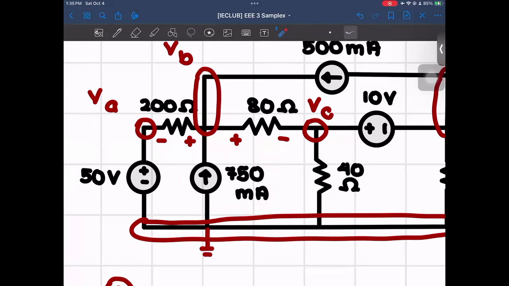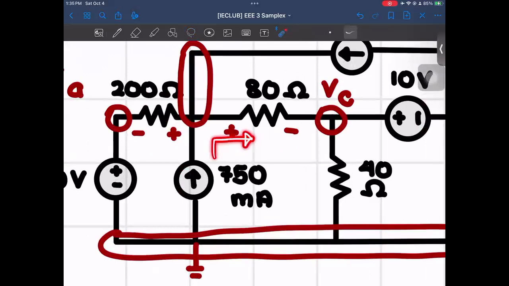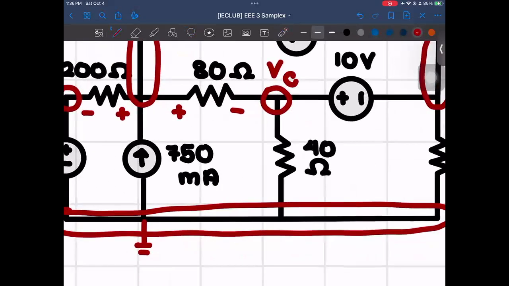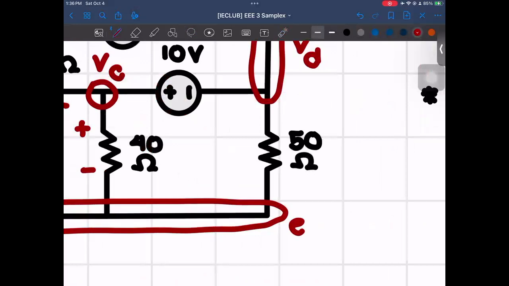Based on my knowledge of resistors going positive to negative, I'll assume that this current will go this way, although that's just an assumption, and you can actually have a different answer for that. And then here for the 40 ohms, that will be positive to negative, so the current will end up going like this. And last, for the 50 ohms, it will be positive to negative as well here.